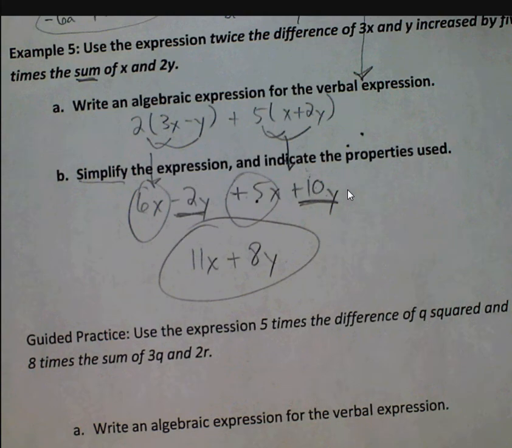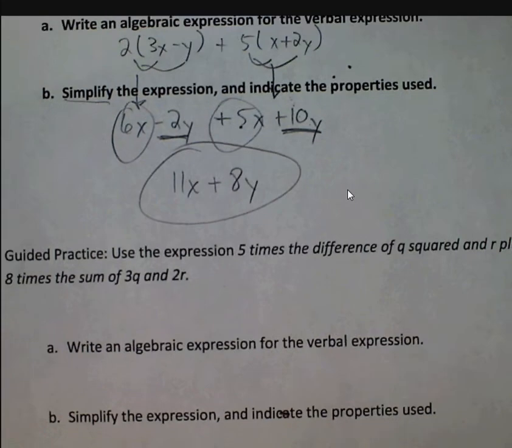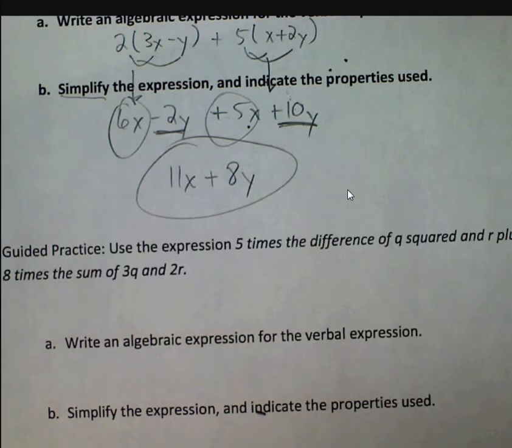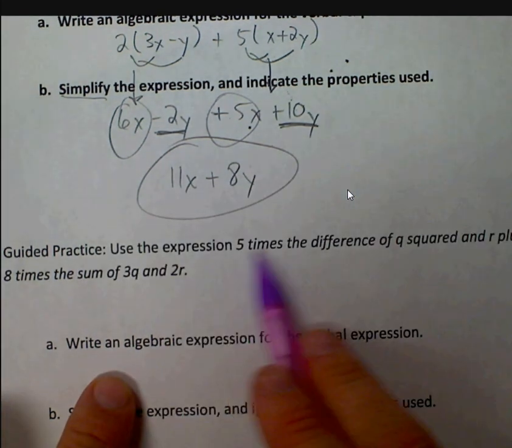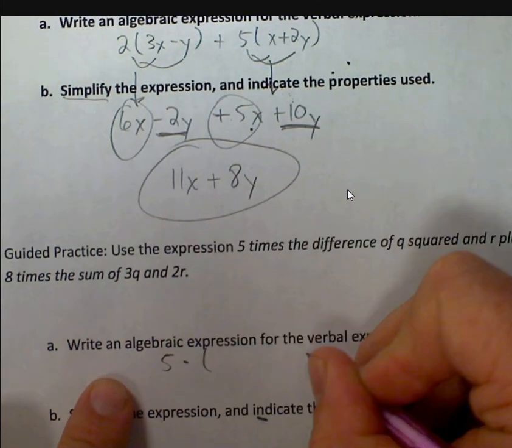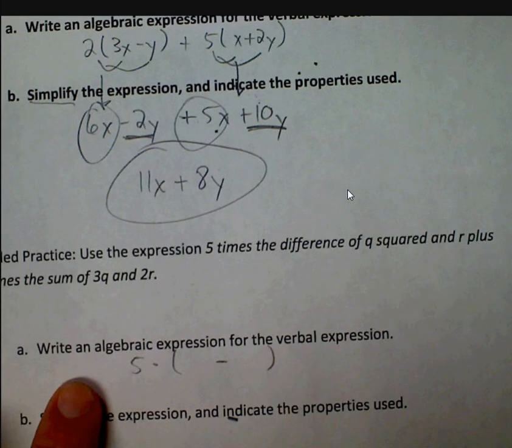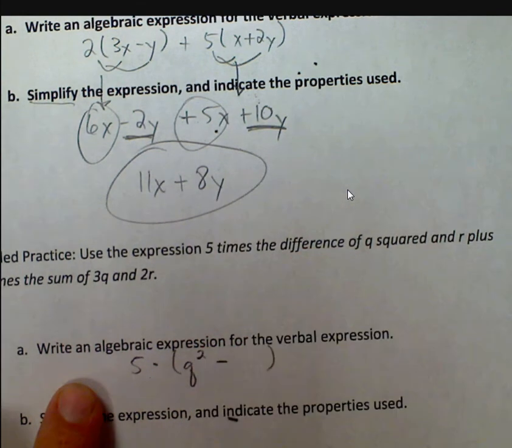Go ahead and pause the video for the next guided practice. Pause the video and try. On letter A, write an algebraic expression. It says use the expression 5 times the difference. So 5 times the difference means to subtract. Parenthesis, q squared and r.